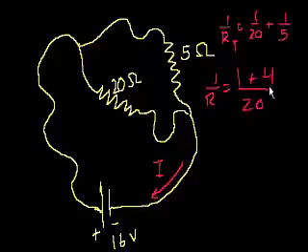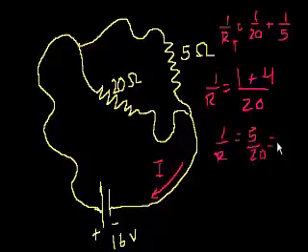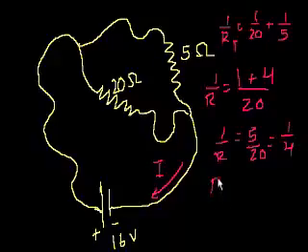That's 4 over 20, right? So 1 over our total resistance is equal to 5 over 20, which is equal to 1 over 4. So if 1 over R is equal to 1 over 4, R must be equal to 4. So R is equal to 4 ohms.